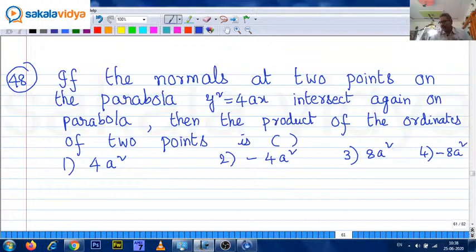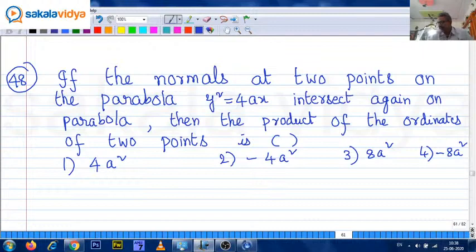First read the question carefully, then start solving the problem. If the normals at two points on the parabola y square is equal to 4ax intersect again on the parabola, we need to find the product of the ordinates of those two points.